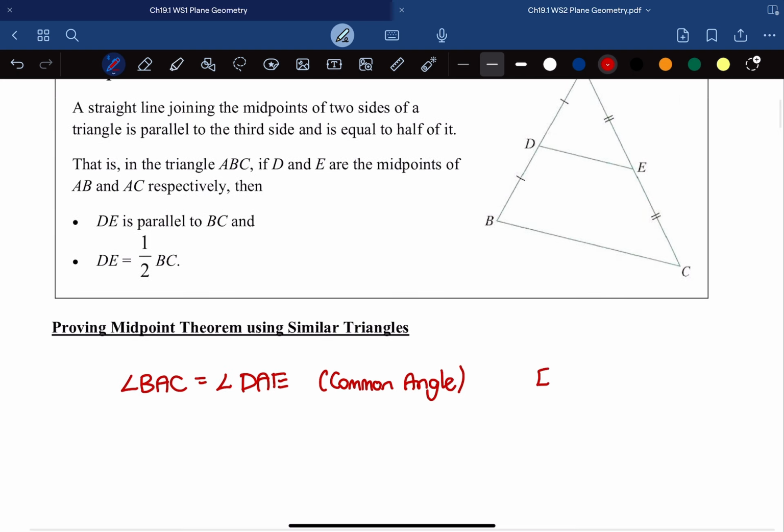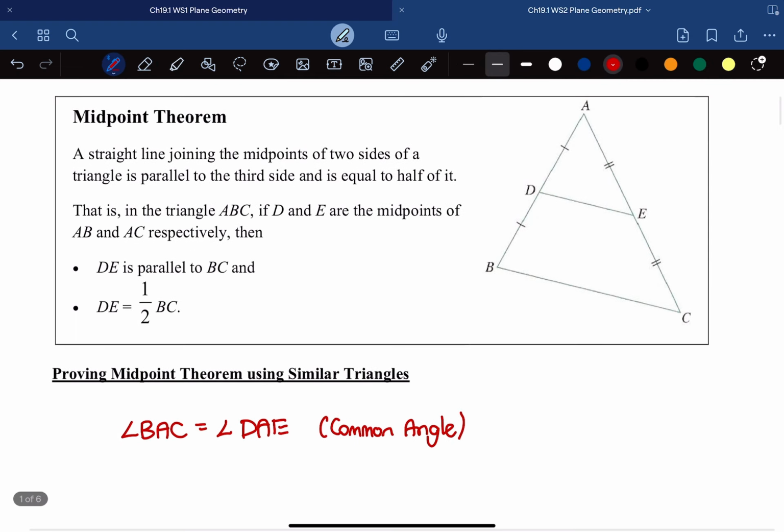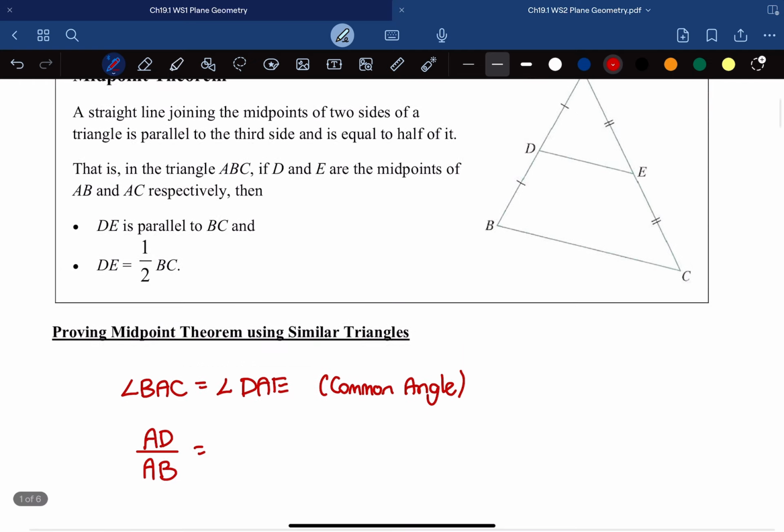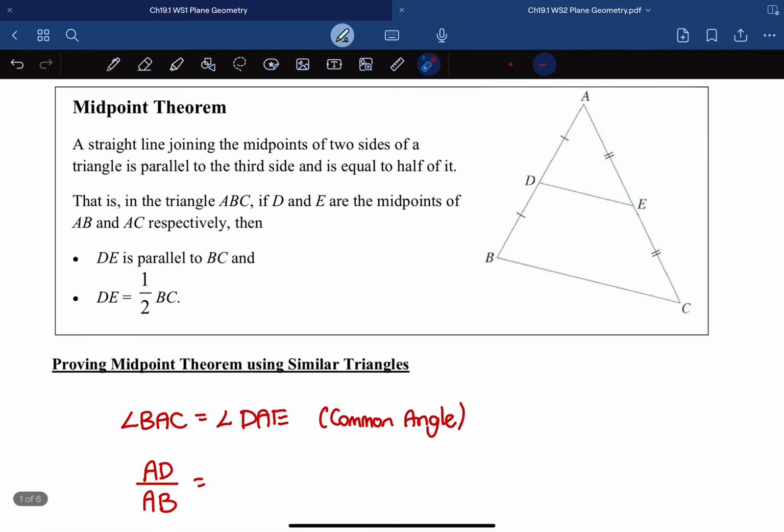Then we can also conclude that since D is the midpoint of AB, by ratio, the length of AD is half the length of AB. So AD over AB is also equal to AE over AC, since E is the midpoint of AC.